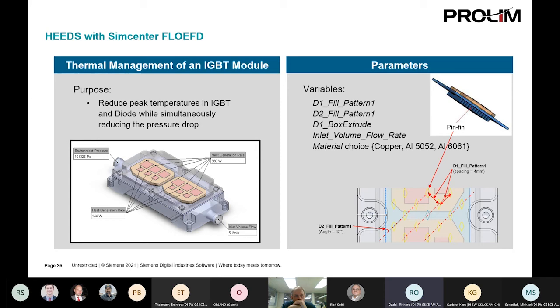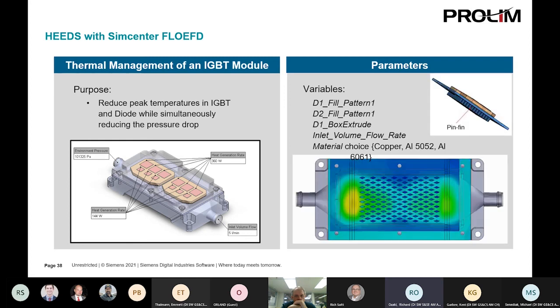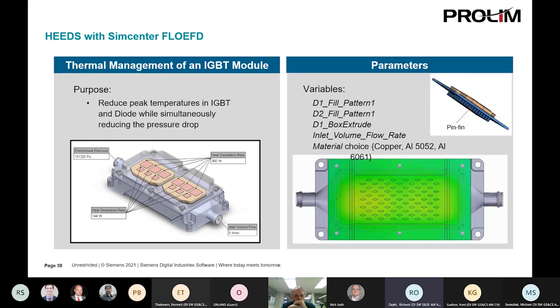So with that, we can specify the goals. We can tell HEADS which parameters it can change, such as the pitch of the pattern, the dimensions of the diamond, the material choice, and also the flow rate through the system. And then the software will go through and try a lot of different variants for you.